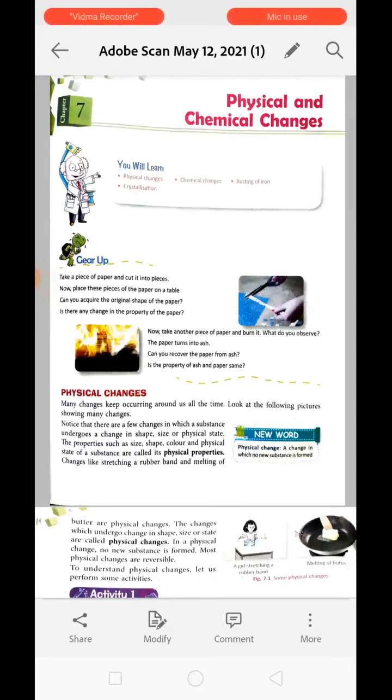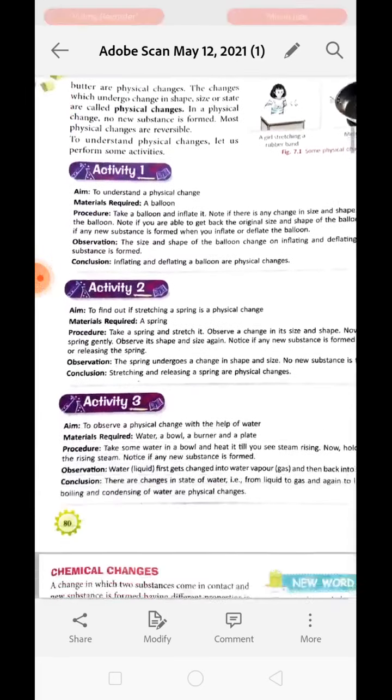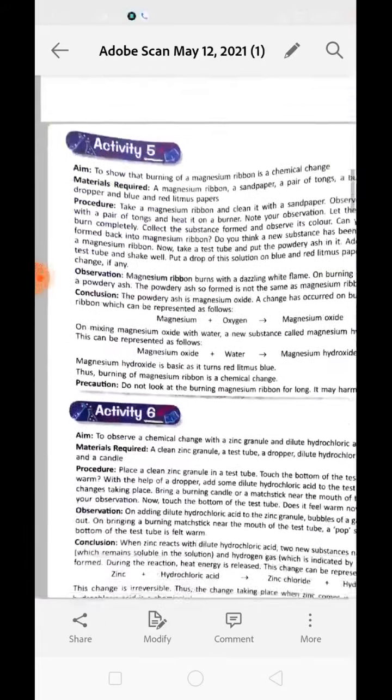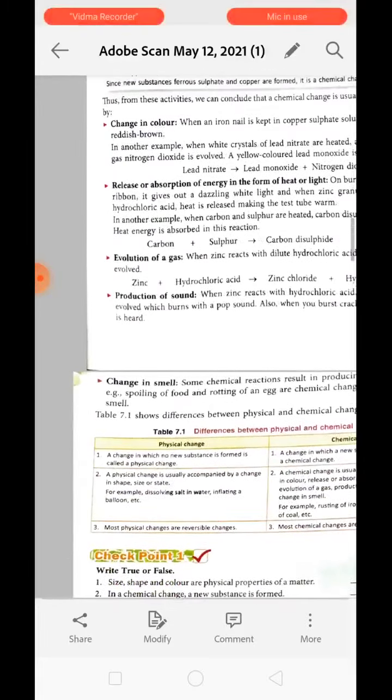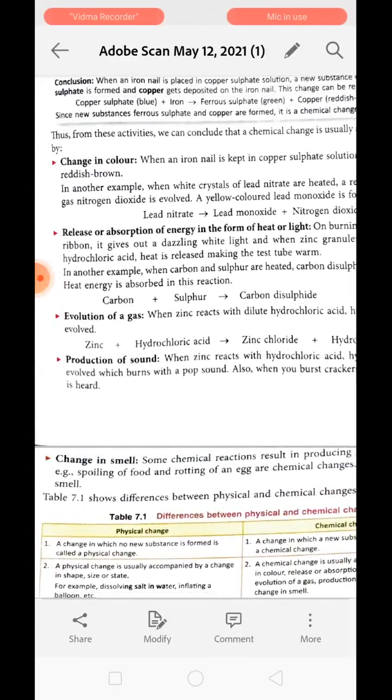Today we are discussing the second part of chapter 7, which is called physical and chemical change. In our previous video, we talked about what is physical change and what is chemical change. We have also seen certain examples of physical change and chemical change, and the characteristic shown by a substance when it goes through a chemical change.